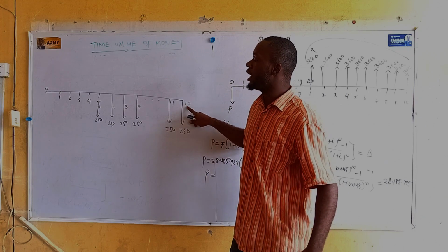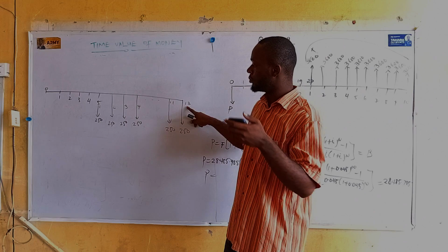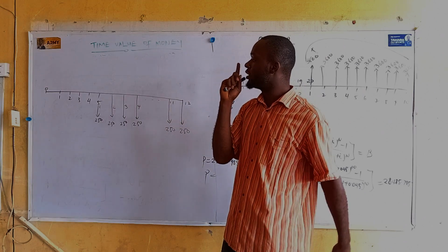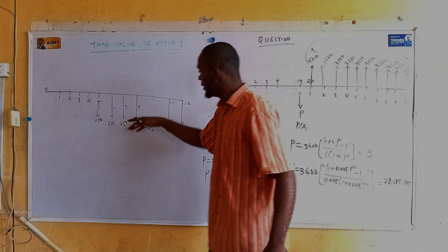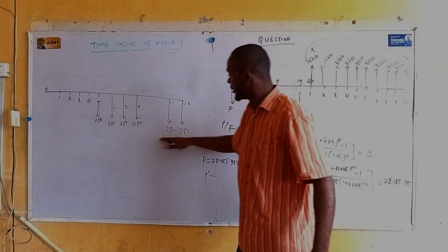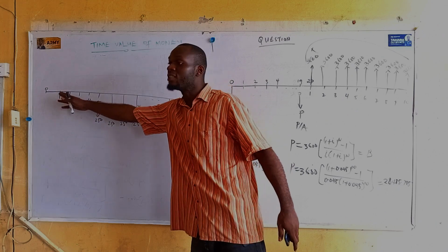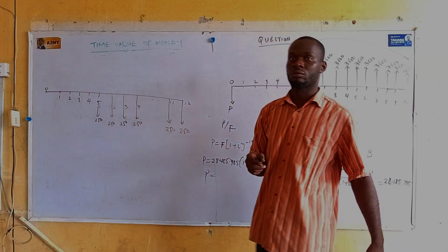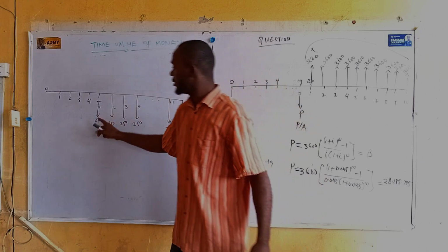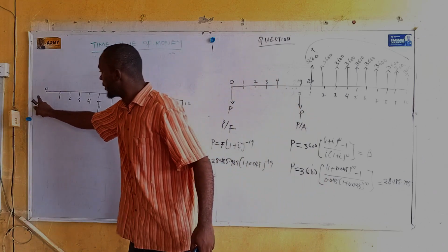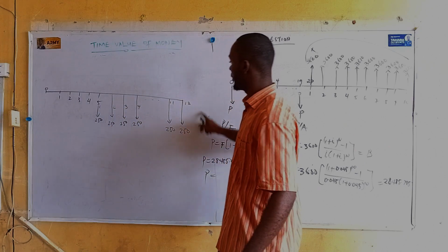Then we should find the equivalent annual sum, the amount of money that can be deposited every year to get the same thing as this one. Instead of starting in 5 years, you get a singular value that you can use over this.